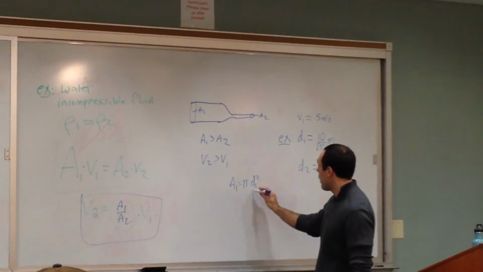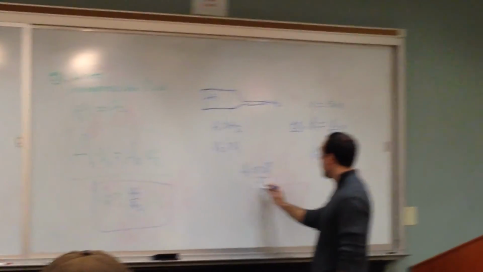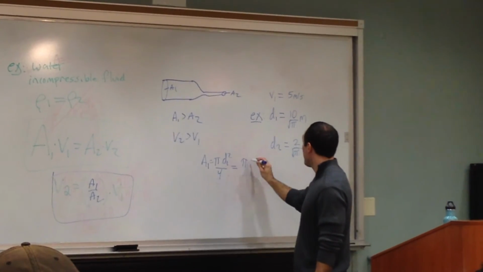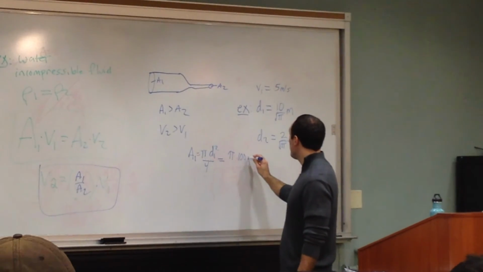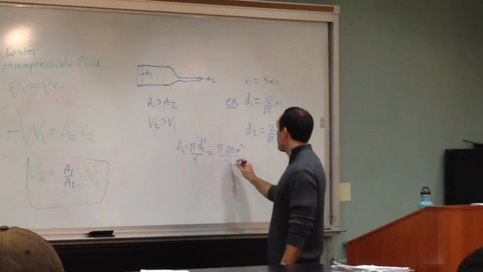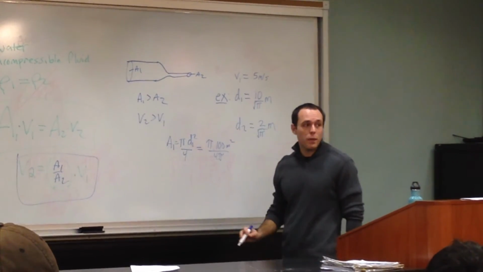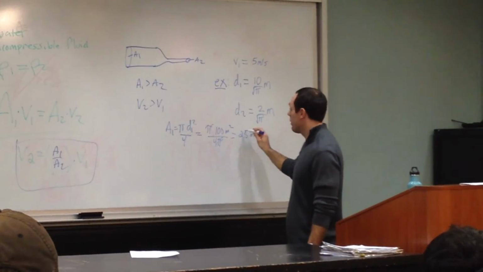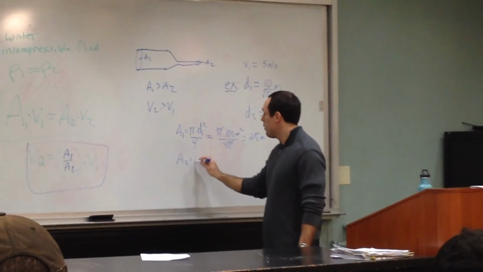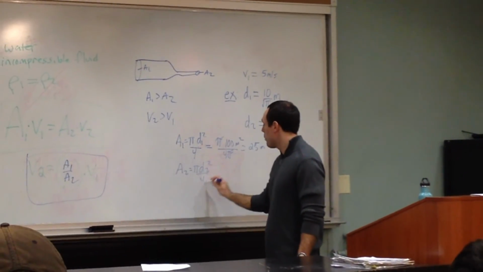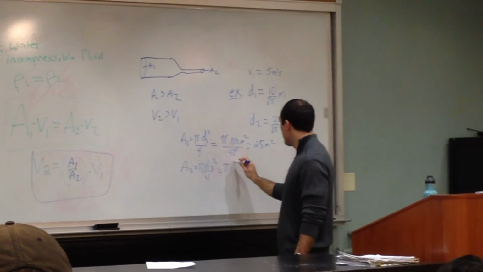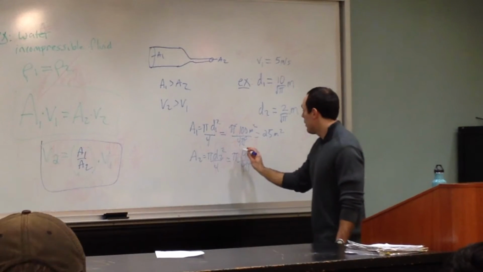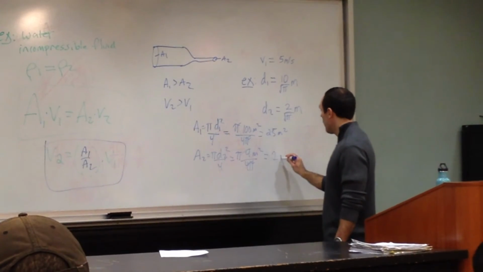If I do that, A1 is pi times D1 squared divided by 4, and thus this is equal to pi times 100 meters squared divided by 4 pi, because square root of pi squared is pi. That cancels out, so this is going to be 25 meters squared. A2 is pi D2 squared divided by 4. So this is going to be pi times 4 meters squared over 4 pi. The pi's cancel out, and this gives me 1 meter squared.